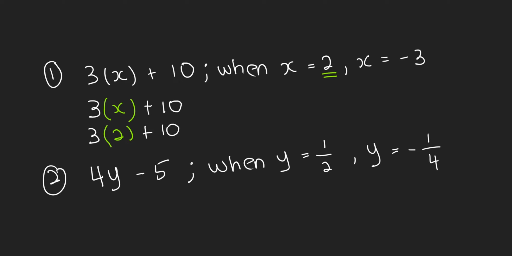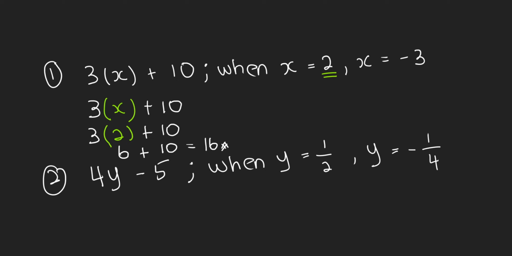So 3 multiply 2 would be 6, plus 10, and that is 16. So this expression here, 3x plus 10, has a value of 16 when the variable x is equal to 2.